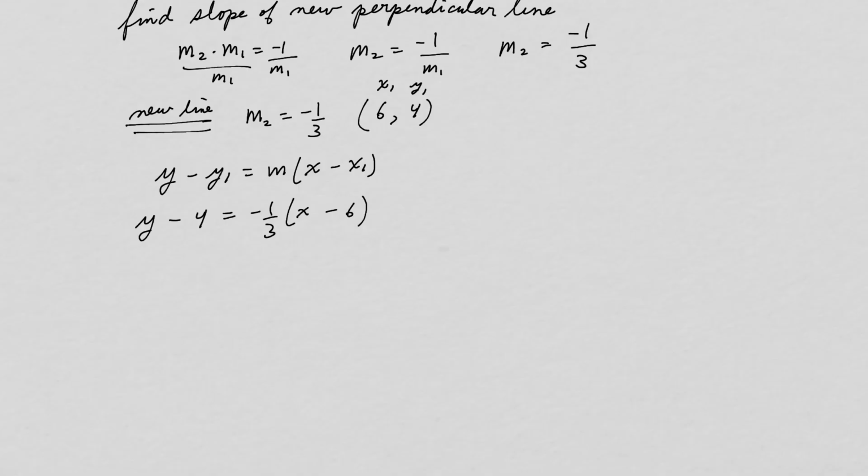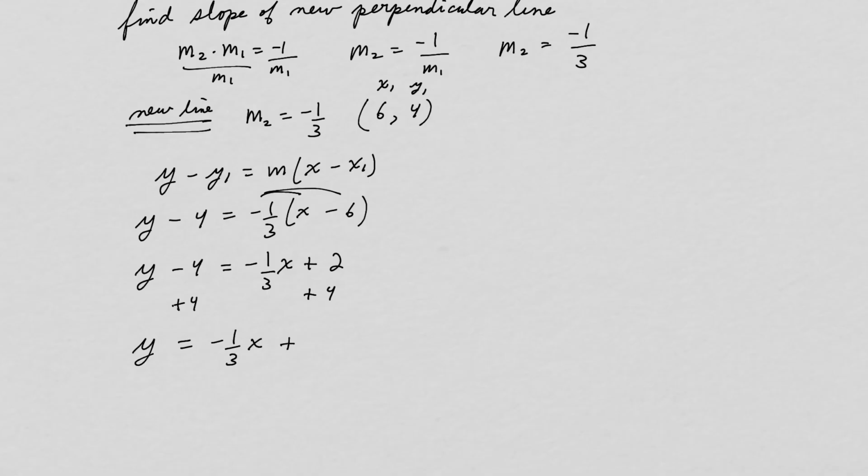Then typically we want our answer in slope-intercept form, so I'm going to distribute the -1/3 here. -1/3 times x is just -1/3 x. -1/3 times -6 is positive 2, right? And then if I solve for y, I'm going to add 4 to both sides, and I get y equals -1/3 x plus 6.